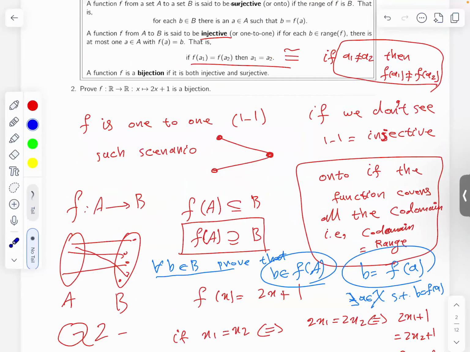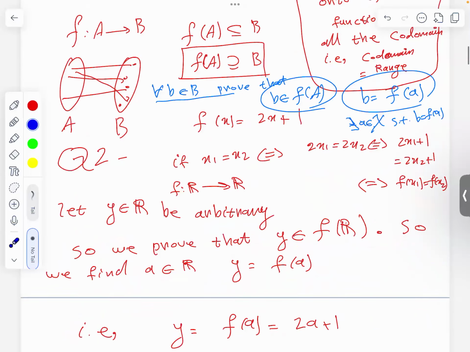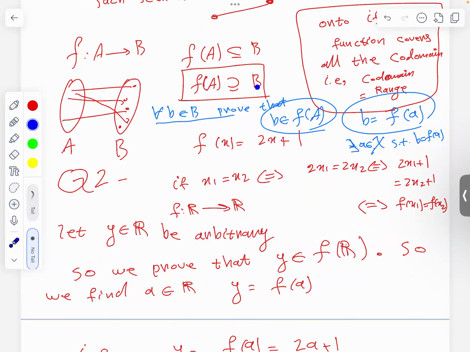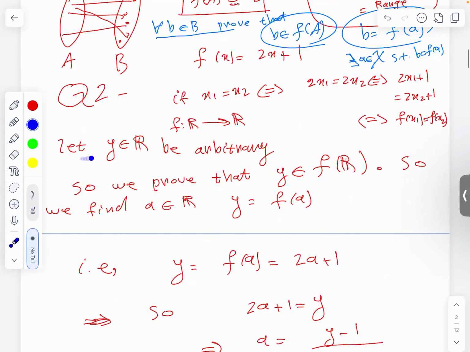Let's do the onto function. Let y belong to the codomain. We want to prove this box. Here B is R, A is R. Let's say y belongs to the destination or codomain, an arbitrary guy.